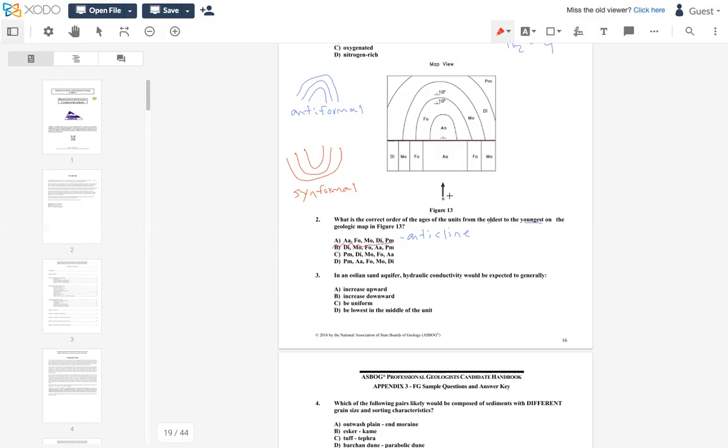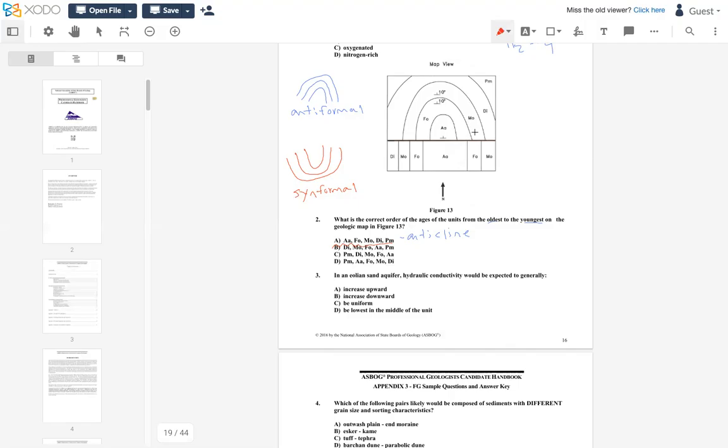Okay, so looking at C, PM is the oldest, DI, MO, FO, A. So C is the exact opposite of A, and they're saying that the oldest unit is out here and that the youngest is in the core, so the younging direction is inward. Our data doesn't support that conclusion. Our data suggests, again, this is antiformal.